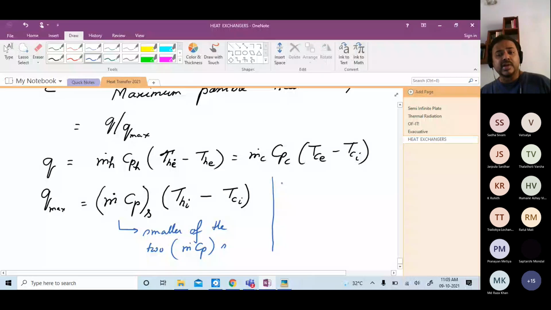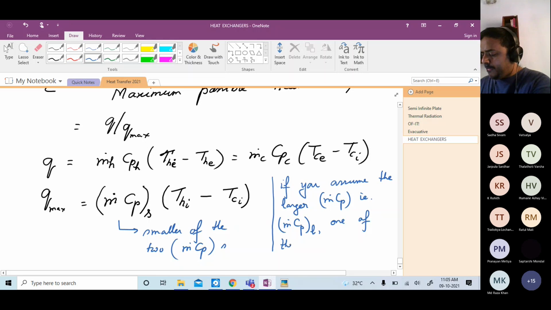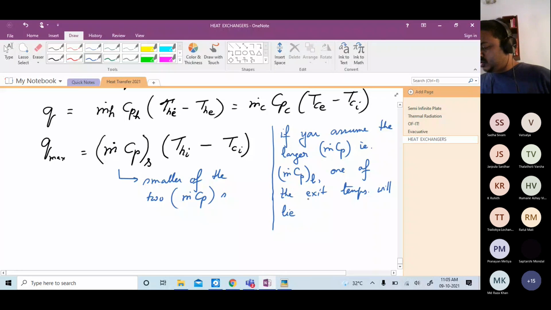Now the thing is, and again I'm making a statement which you can prove actually: if you assume the larger m dot Cp, that is m dot Cp L, then one of the exit temperatures or entry temperatures will lie outside the THI, TCI domain.